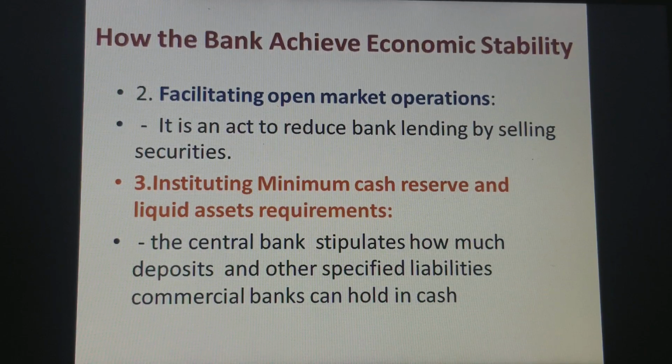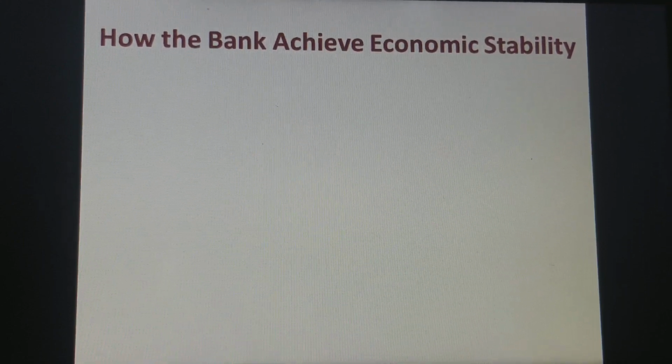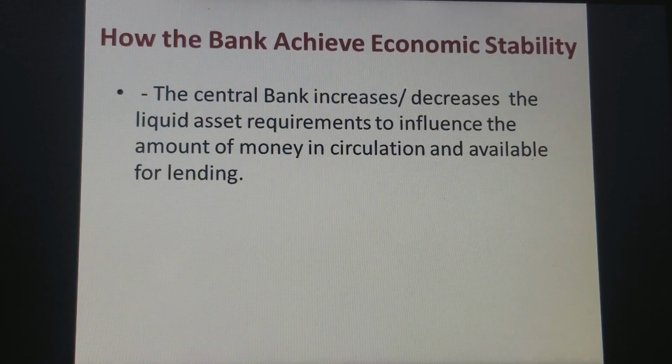Now the central bank stipulates how much deposits or other special liabilities commercial banks can hold in cash. The central bank increases or decreases the liquid asset requirements to influence the amount of money in circulation and available for lending, right?